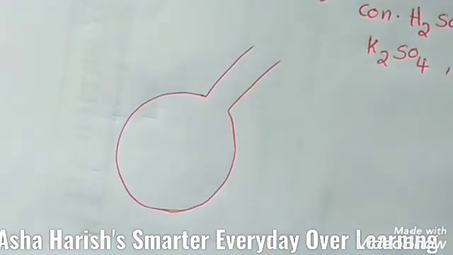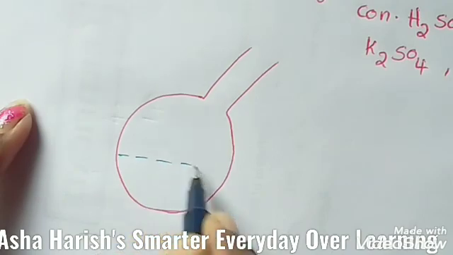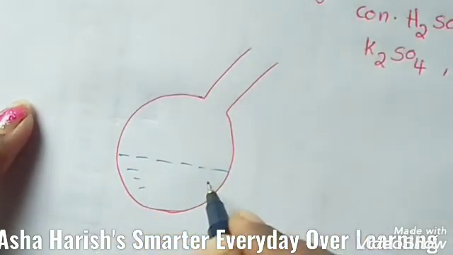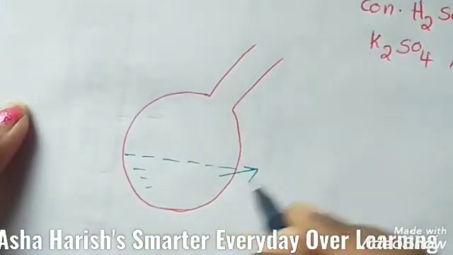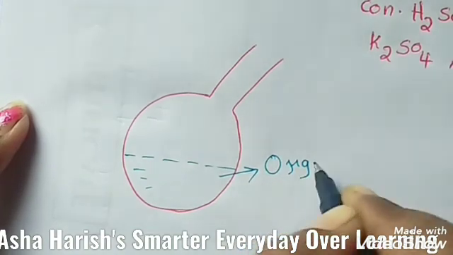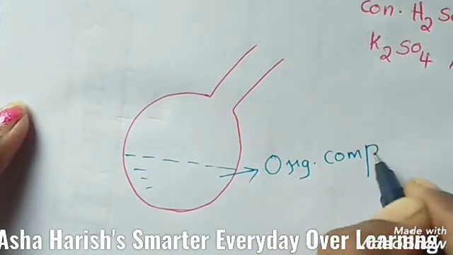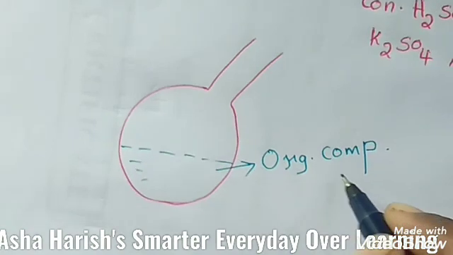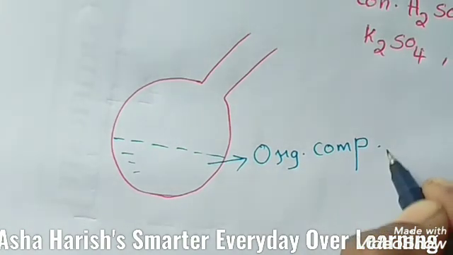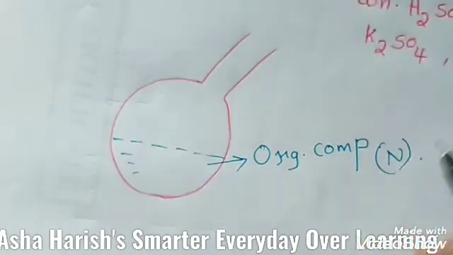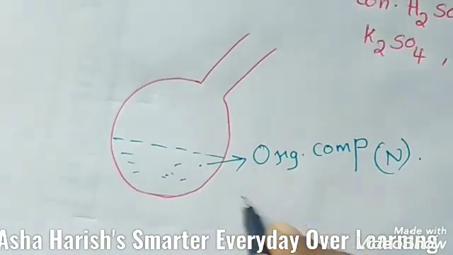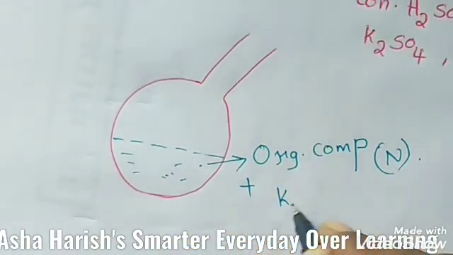And students, here you can take the organic compound. The organic compound you have to estimate must have nitrogen, and along with it K2SO4 and CuSO4, as I told you.